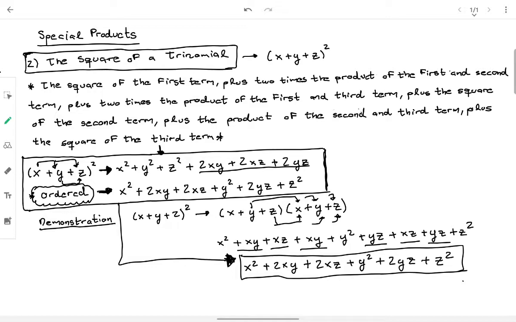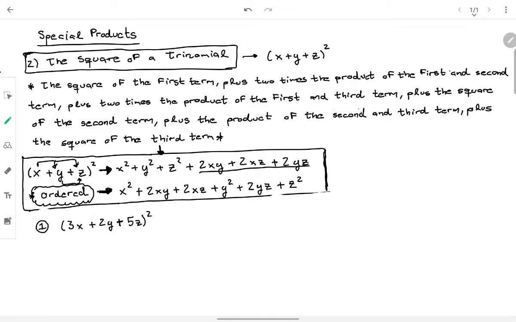So let's see some examples. The first example is (3x + 2y + 5z) squared.